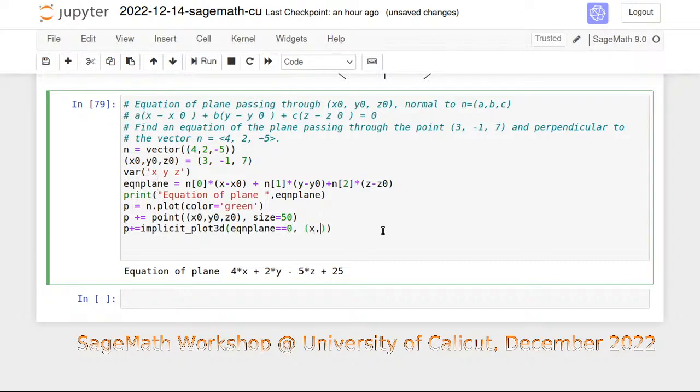So where is that point? 3, minus 1, 7. Let us take the range to be minus 7 to 7, for x, y and z.